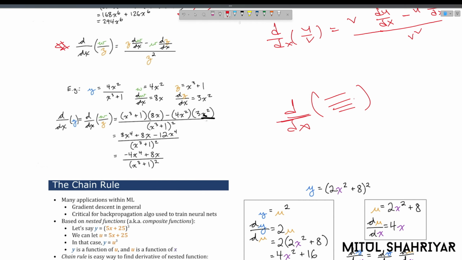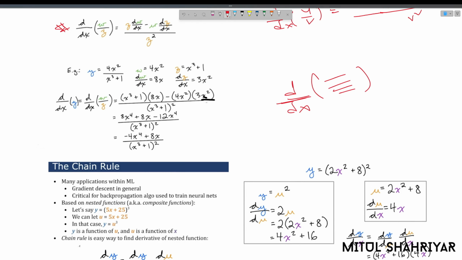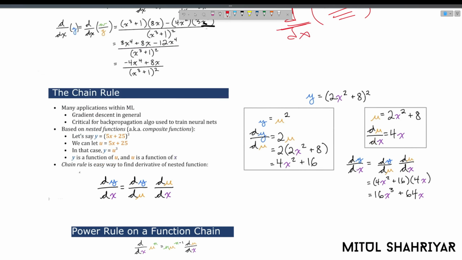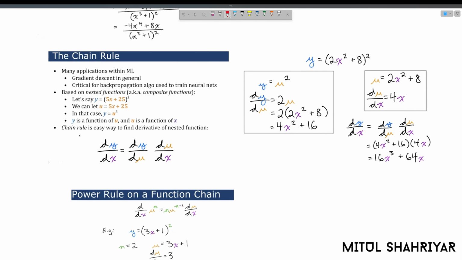In general, there are already libraries which will calculate those for us, so we don't actually need to know how to solve this problem, but it's important as a science student. If you are from science, you need to know how to solve the problem, but not directly for machine learning purposes. Okay, now for the chain rule, which is very, very important for us.